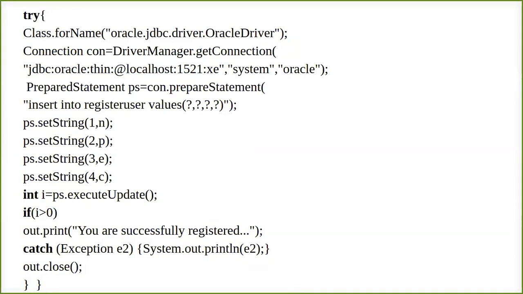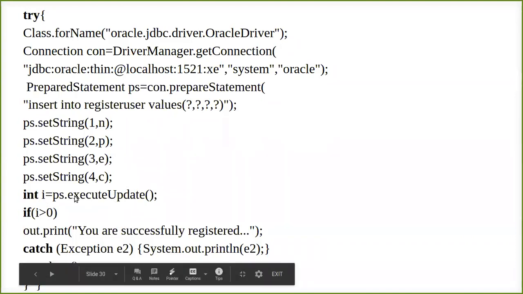When we studied the 3 methods and their descriptions, the executeUpdate method returns the number of rows which have been affected. Since it returns a number, I'm declaring an integer variable over here. When I fire the executeUpdate method, it returns how many rows have been affected.